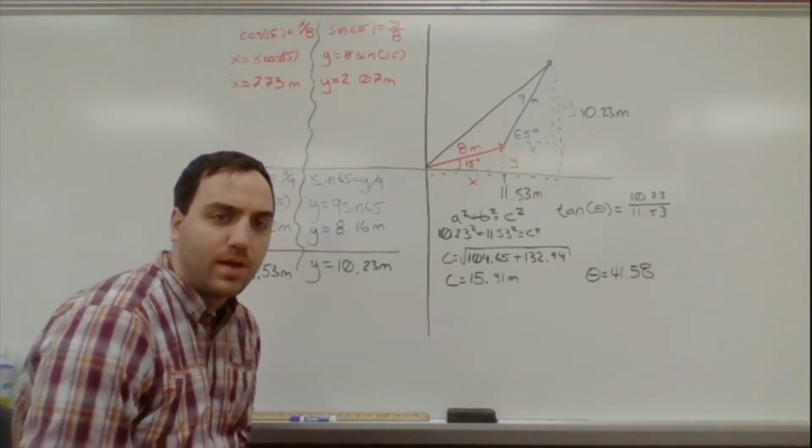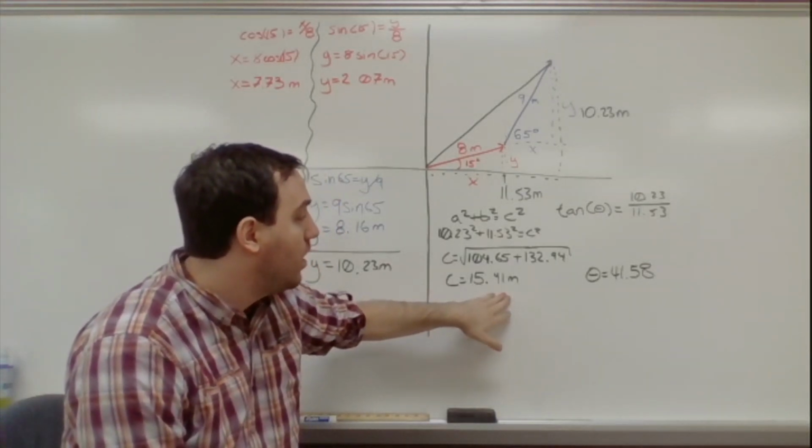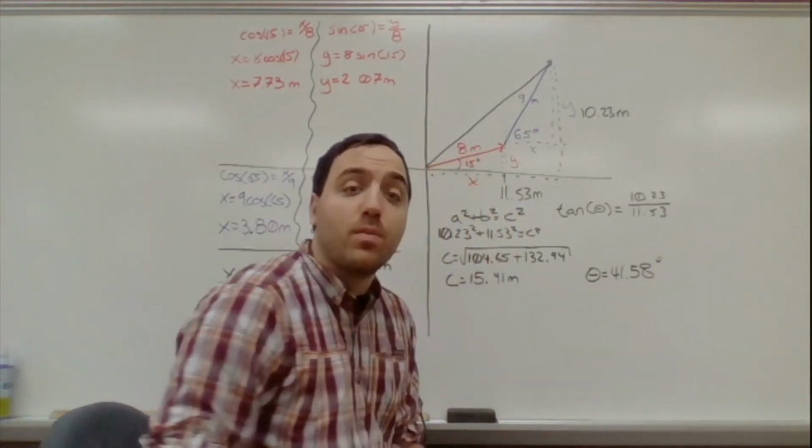If you've gone through and done your math properly, you should get C is 15.541 meters long, and it's at an angle of 41.58 degrees, which we can report any number of ways.